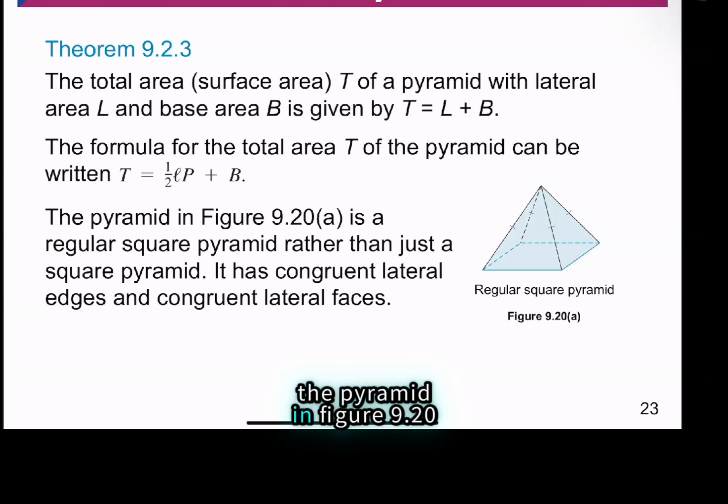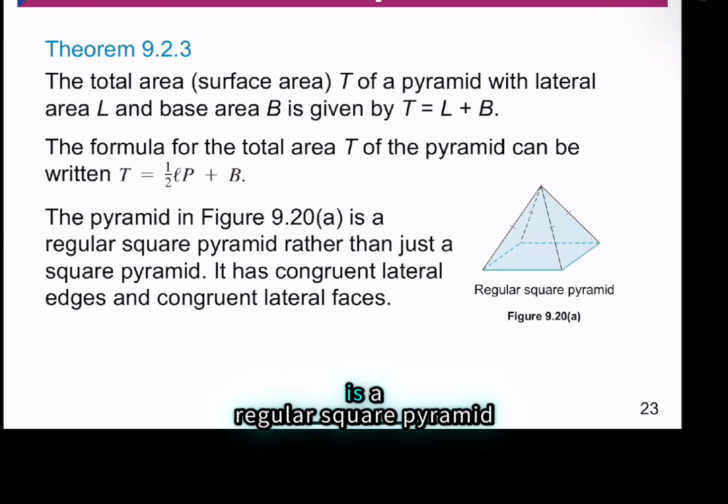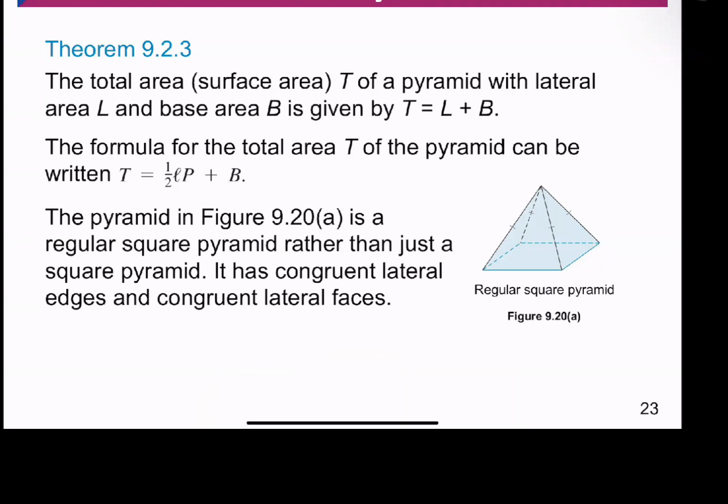The pyramid in figure 9.2a is a regular square pyramid rather than just a square pyramid. It has congruent lateral edges and congruent lateral faces. So, a regular square pyramid has a regular polygon as its base.